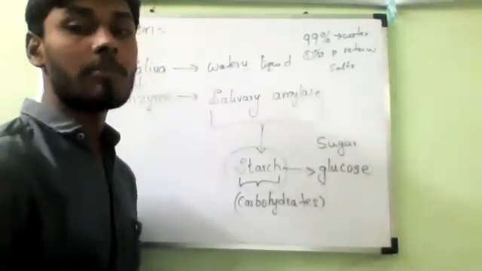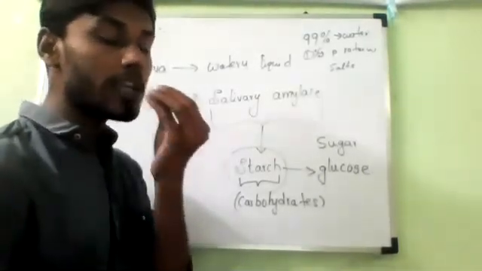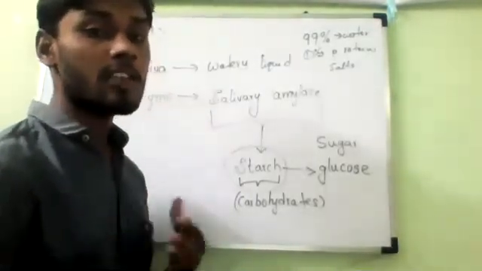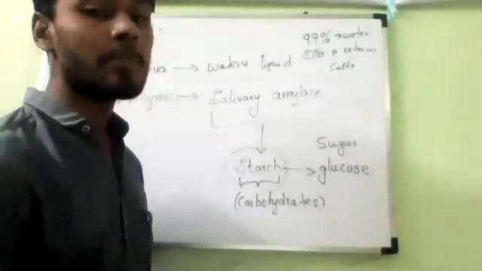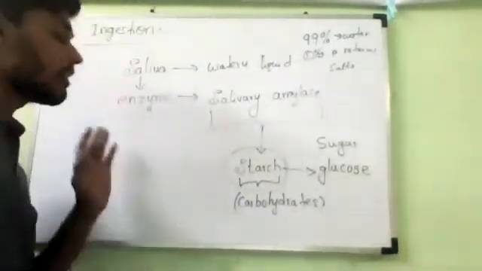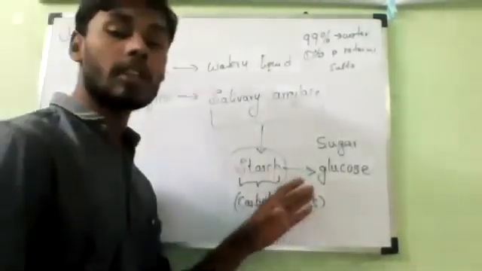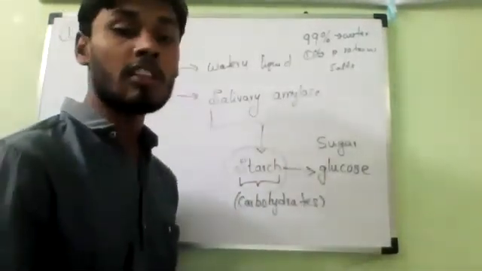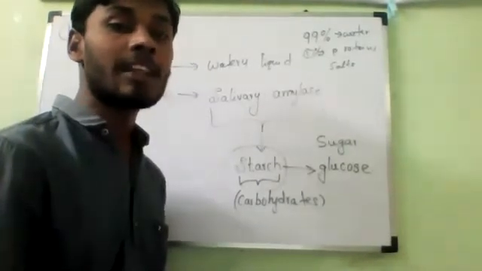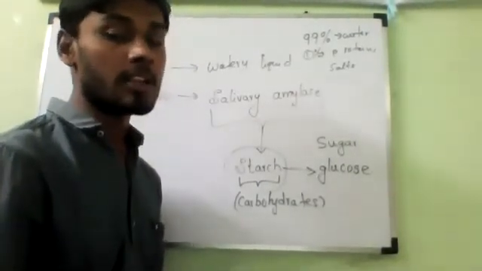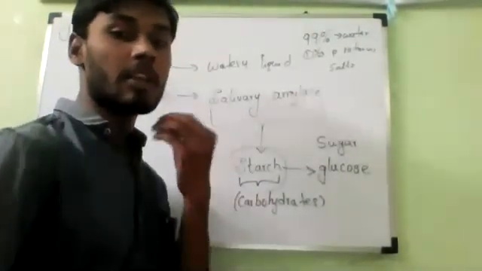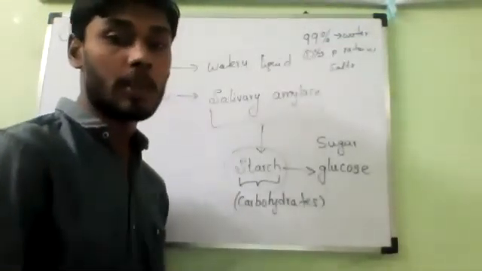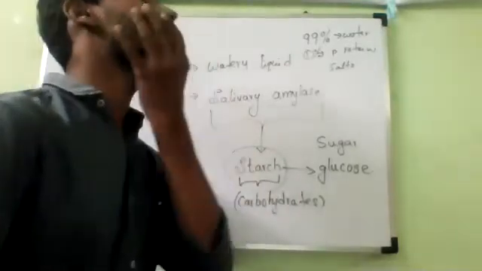Since the food remains in the mouth only for a very short period of time, the digestion of food remains incomplete in the mouth. Starch is converted to sugar with the help of the enzyme salivary amylase, but since the time in the mouth is very short, the complete digestion won't take place. So immediately it will move on.